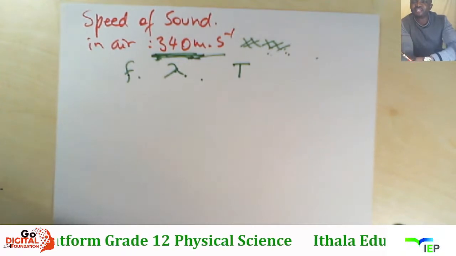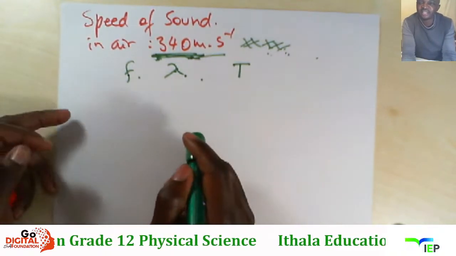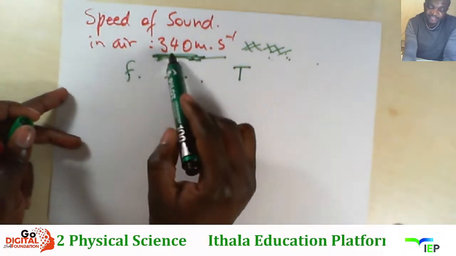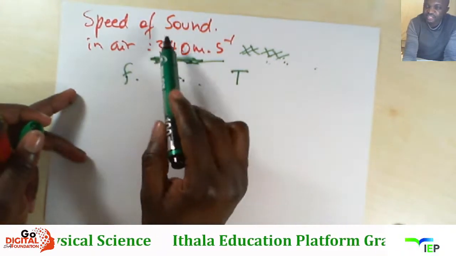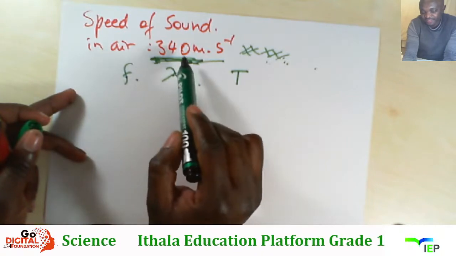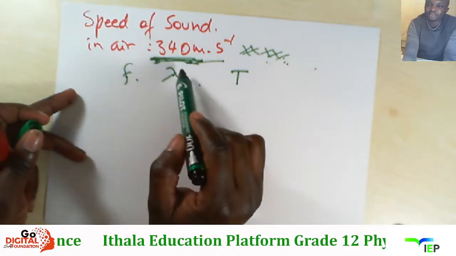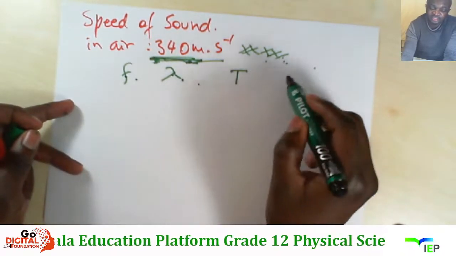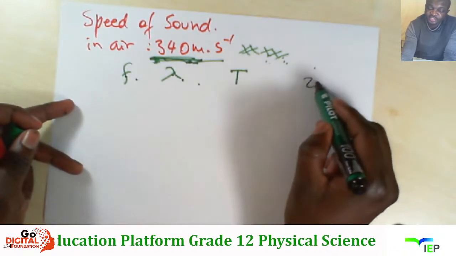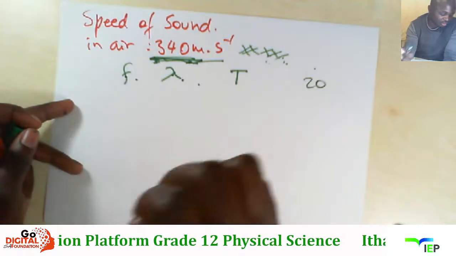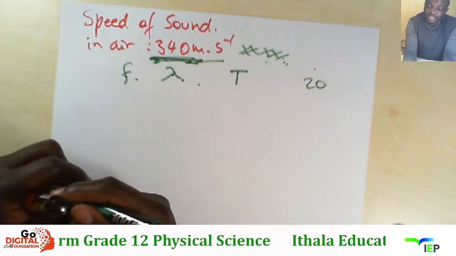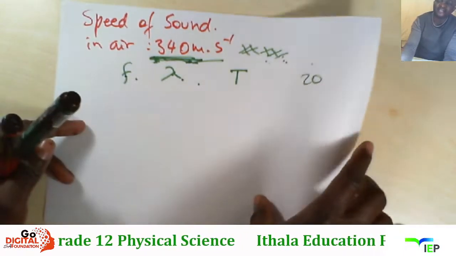When it's cold, the sound travels slowly, right? But that doesn't matter. As I said, the value is around 340. It can be slightly above or slightly below 340. But if you calculate a sound wave in air using a speed of 20, I just know that you are out. You are out if you use 20 meters per second, right?